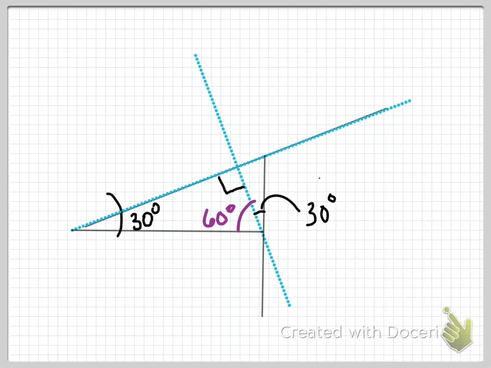So then, this could in fact be our gravitational force line. That could be the force of gravity acting directly downwards on an object. Okay, you say, but I don't care about what angle gravity makes with the y-axis. Yes you do. So, if that's a 90-degree angle, then the little angle in here has to be 60.